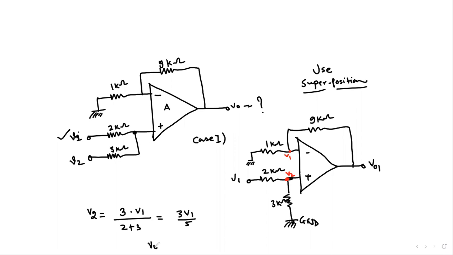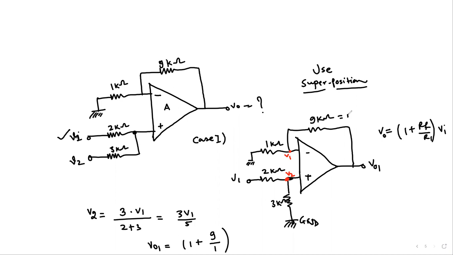And therefore, the resultant output voltage would be, again, by the principle of the closed loop feedback gain. We know that for the non-inverting, it is 1 plus 9 by 1. So for the closed loop, 1 plus Rf over R1 times Vi.